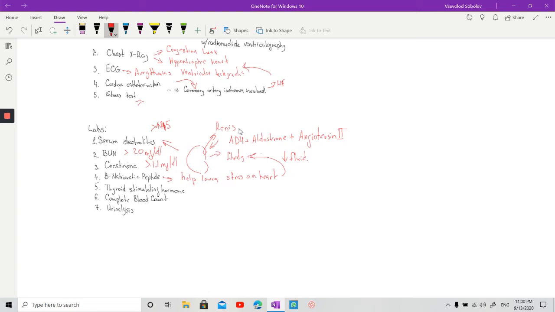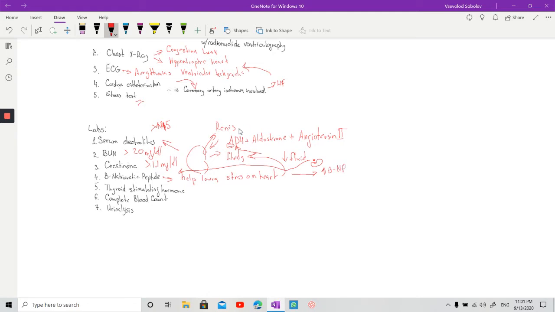It antagonizes antidiuretic hormone, trying to inhibit that one. But because there are enzymes in our body, it breaks down our beta natriuretic peptide. It's not that effective. So anyway, the levels will be higher for beta natriuretic peptide with heart failure.